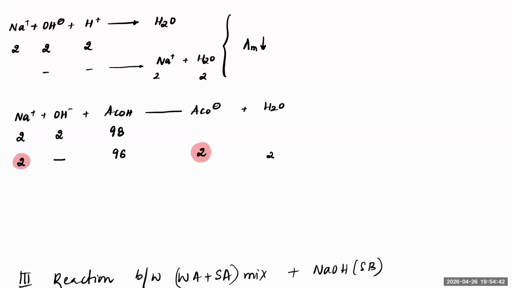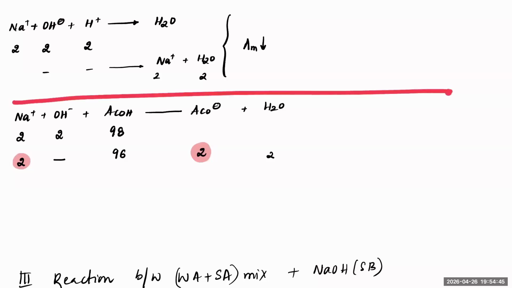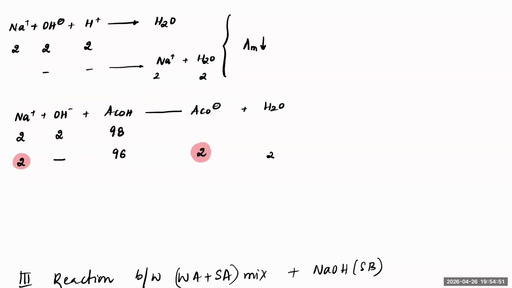But initially, how much was it? Just at the start of this titration, what was there in the solution was 98 particles of ACOH, which is an undissociated or unionized acid. But now, on adding NaOH, you are getting two ions of ACO minus and two ions of Na plus.